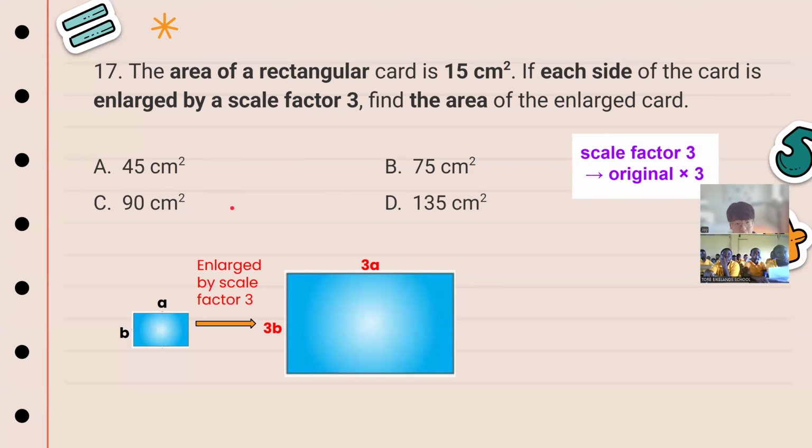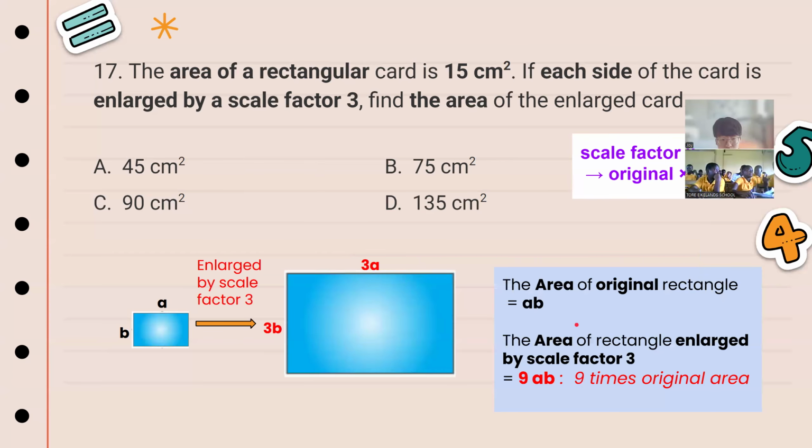Yeah, it's actually not A. Although you might think it's A because 15 times 3 is 45, we are dealing with the area of a rectangle. So originally, how do you find the area of a rectangle? It is A times B, right? And if each side is multiplied by 3, we get 3A times 3B.